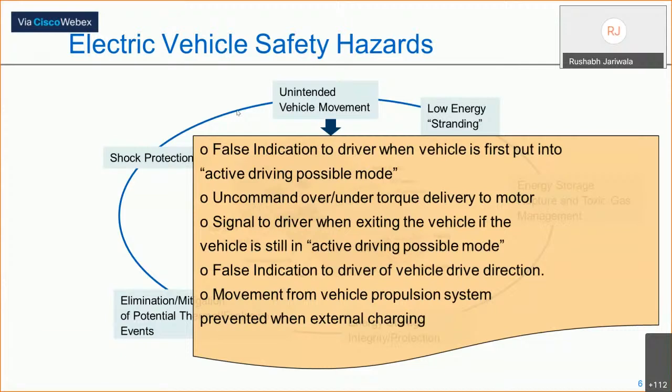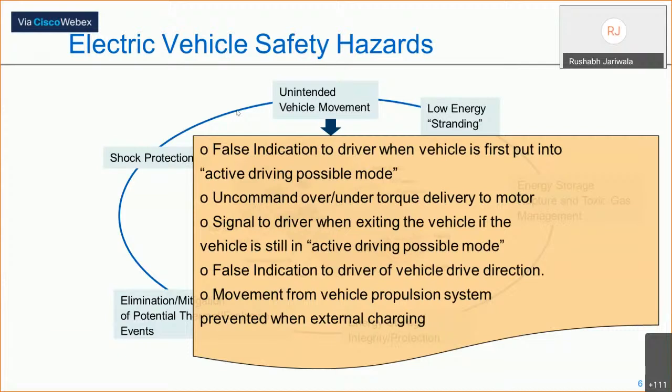Then false indication to the driver of the vehicle direction. Inverters also work as a generator when we want to store the energy from braking, and the same e-motor can turn in reverse and whichever way.